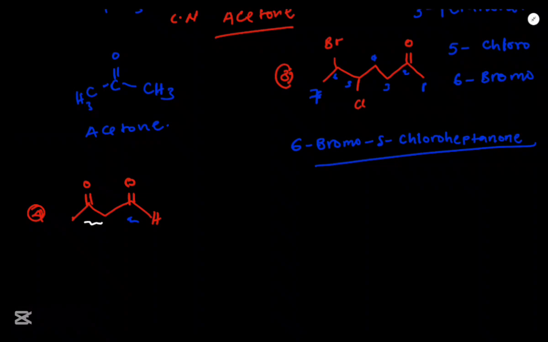The first priority is given to the aldehyde. So the aldehyde part will have more priority. So start counting from here: carbon number 1, 2, 3, 4. So we'll have 4 carbons in the molecule. Now the second thing is this is not going to be named like a ketone, but like an aldehyde, because aldehydes are at the end of the carbon chain and are prioritized more than ketones.